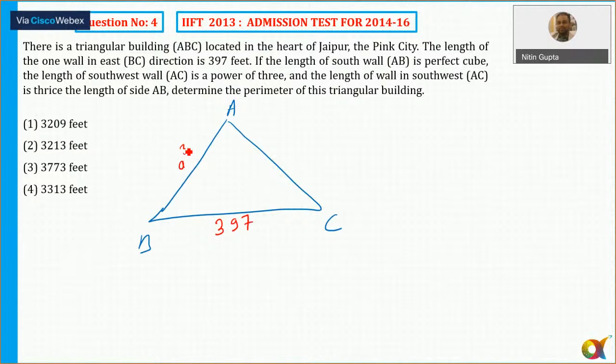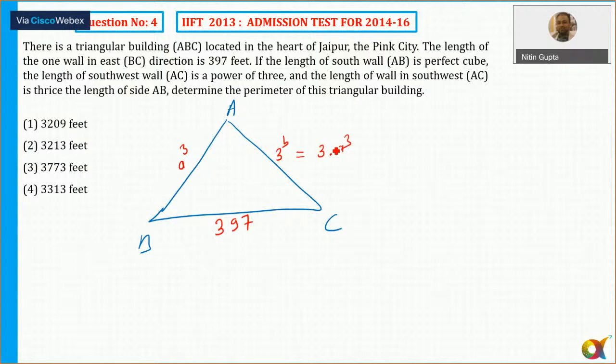And if the length of south wall AB is a perfect cube, so let's say A cubed here, and the length of southwest wall, that is AC, is a power, and the length of wall in southwest AC is thrice the side of the length AB. So 3 raised to power B, it is thrice the side length of AB. That is equal to 3 into A raised to power 3.